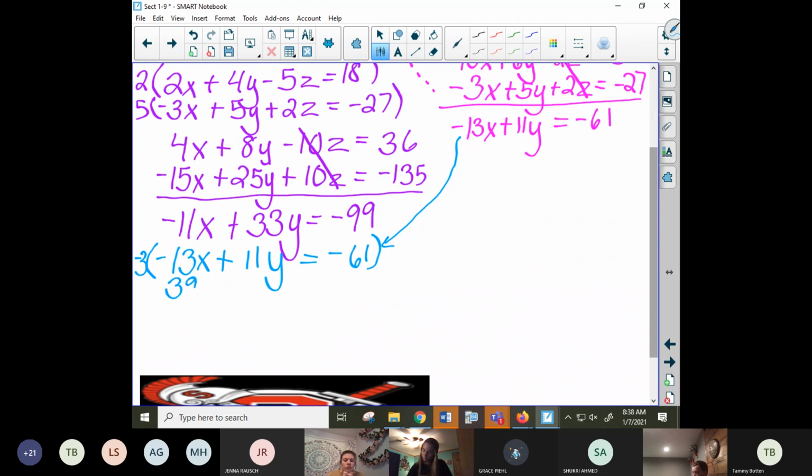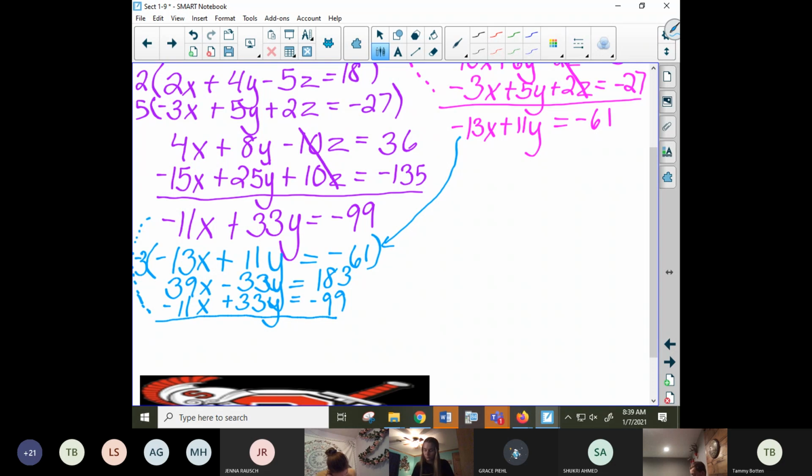This would be 39x minus 33y equals negative 3 times negative 61 is a positive 183. And then if I just bring this one down, negative 11x plus 33y equals negative 99. These cancel.